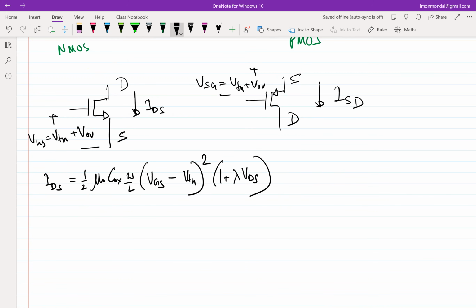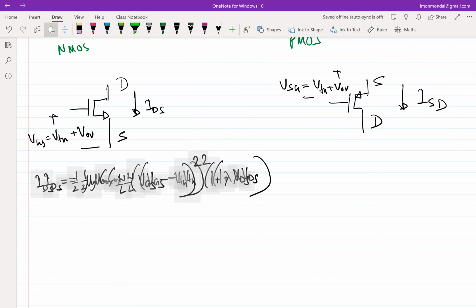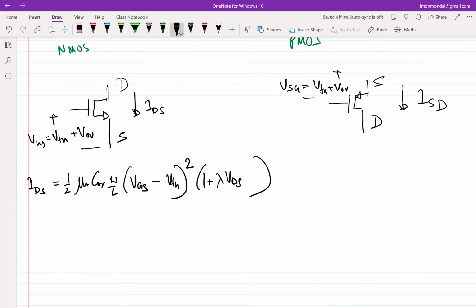In the case of a PMOS, it will not be IDS, it will be ISD.